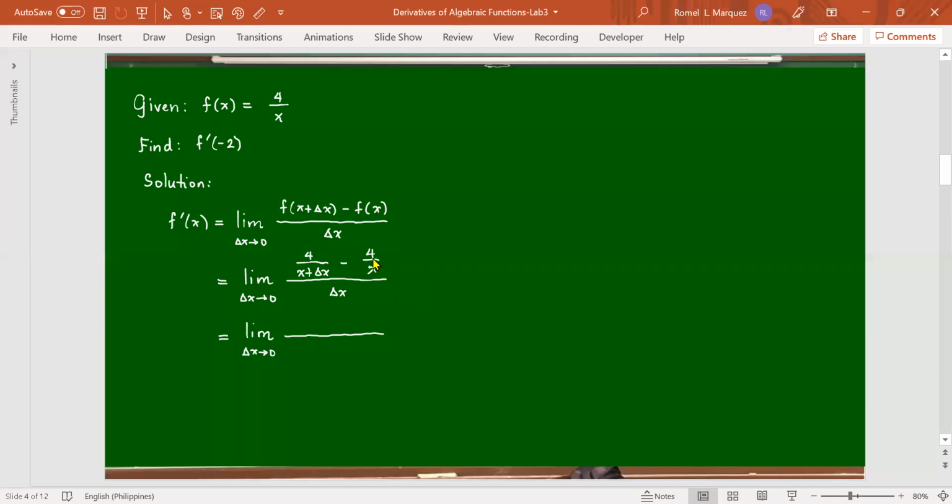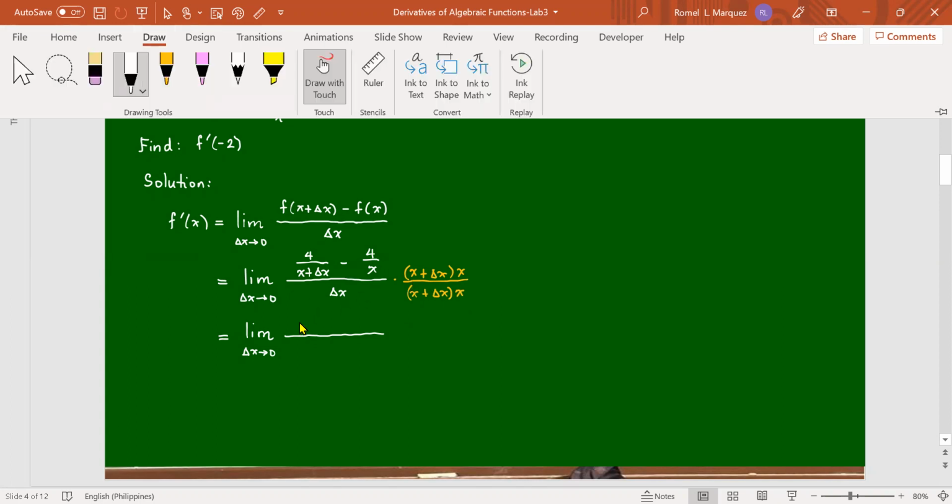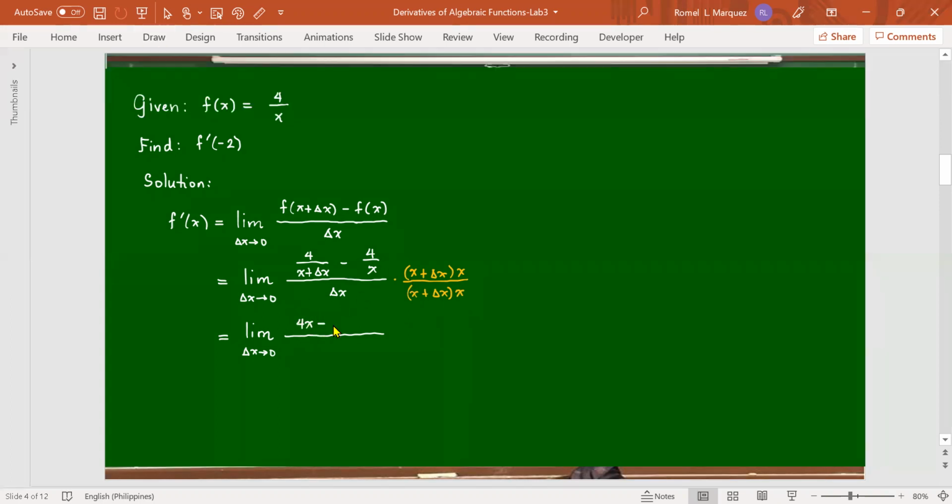Well, let's simplify this quotient. What is our multiplier here, guys? In order to simplify this complex fraction, we multiply by x plus delta x times x, both the numerator and denominator. So in the numerator, we have 4x for the first term.